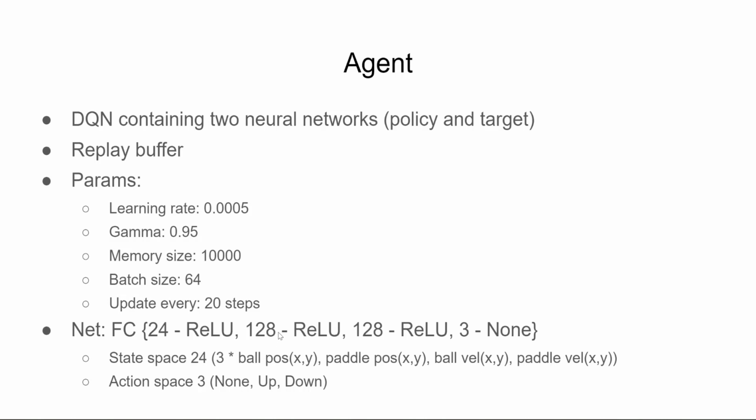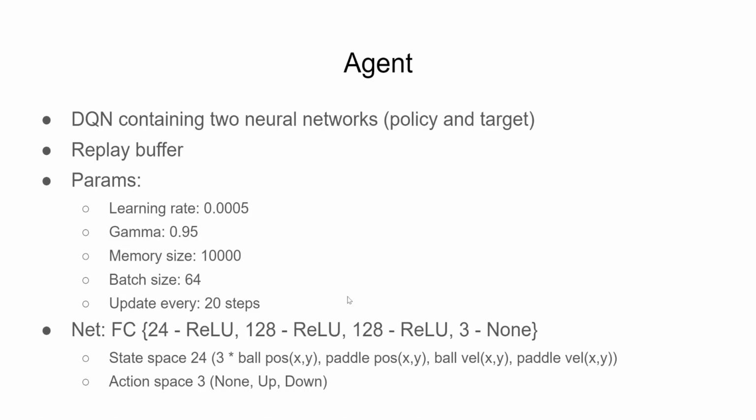Then we have a hidden layer containing 128 neurons and a ReLU activation, another 128 hidden layer containing again ReLU activation, and the output layer containing no activation but just 3 neurons corresponding to the action space. Our pedal could just stand still, go up, or go down.